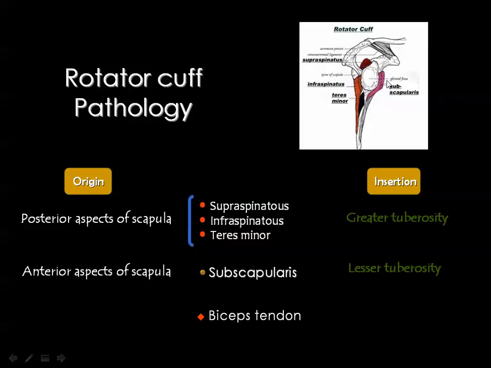A muscle which is located anteriorly is the subscapularis, which inserts into the lesser tuberosity. Actually, the biceps tendon is not included in the rotator cuff tendons, but it plays an important role in stability and movement of the shoulder joint.